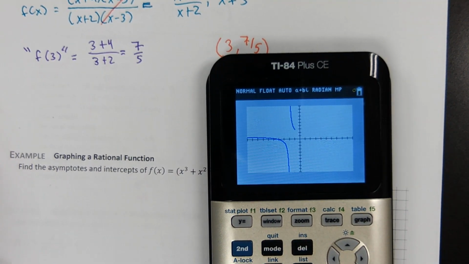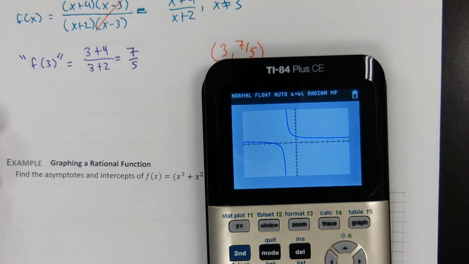So we should have a vertical asymptote at x equals negative 2, and the graph should have a hole in it at x equals 3.